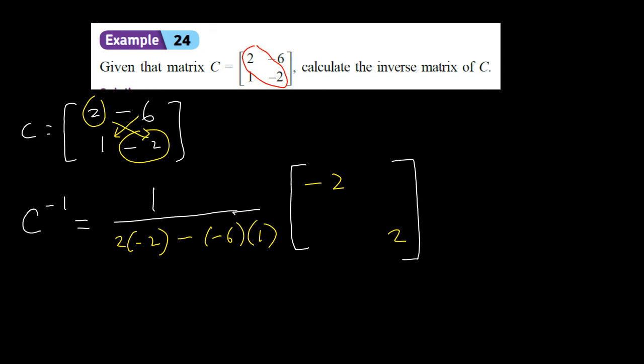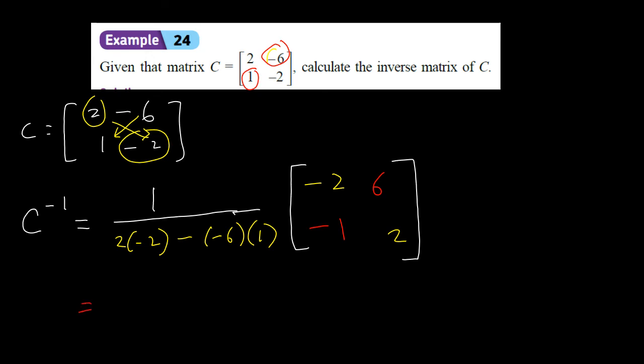And then change the sign. Negative 6 becomes 6, positive 1 becomes negative 1. Then you solve this one.